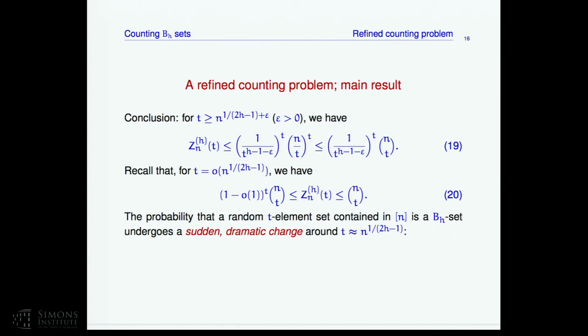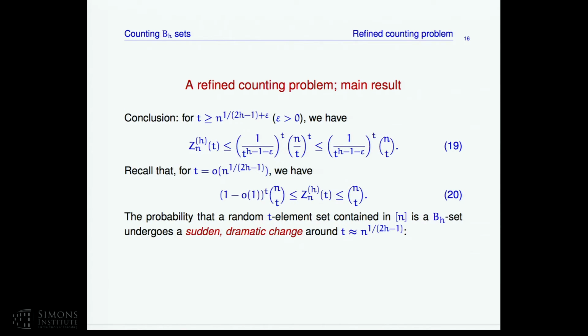So probably it's not necessary, but we can say this in the following way. Suppose you have n choose t, and you select a random set of size t out of all possible sets, and you can ask yourself the probability that you will sample a BH set.